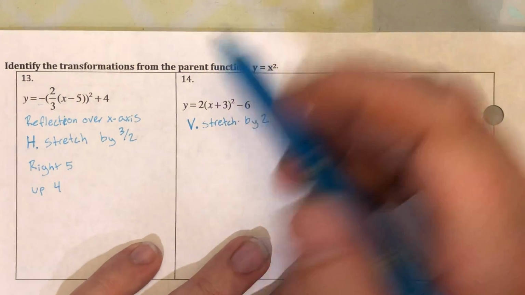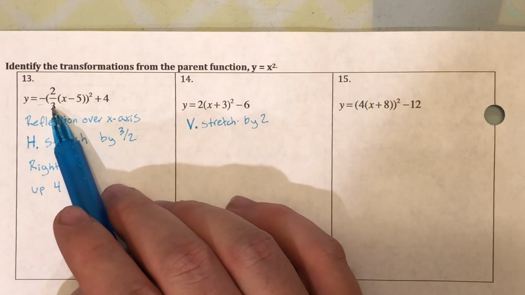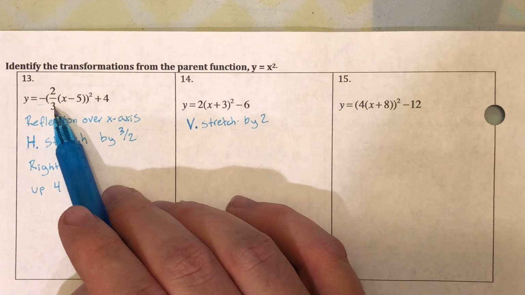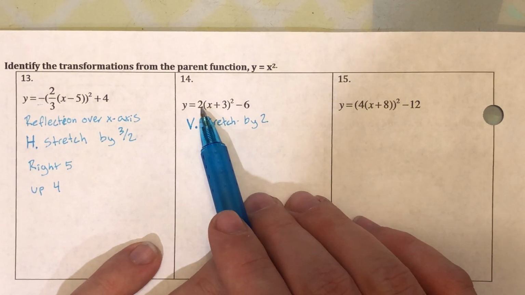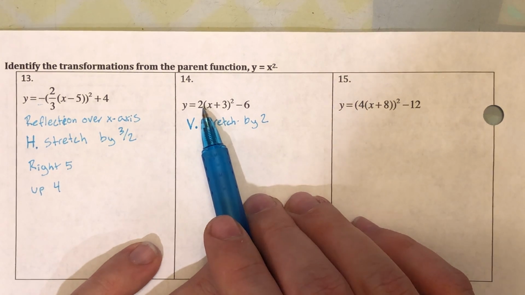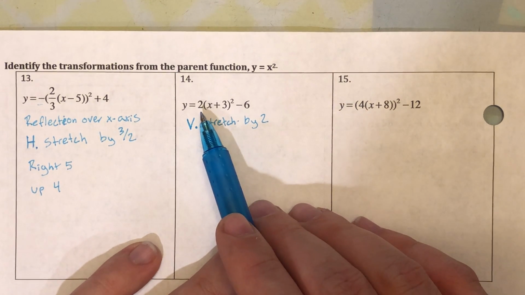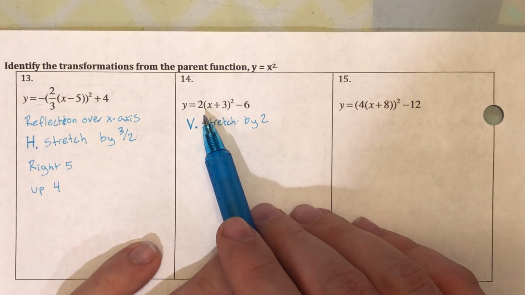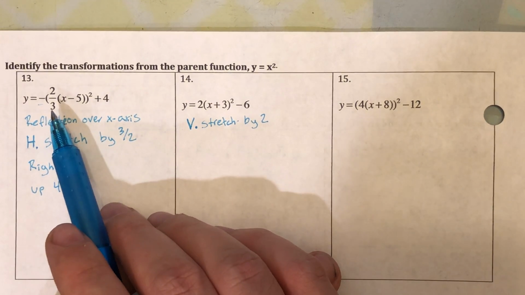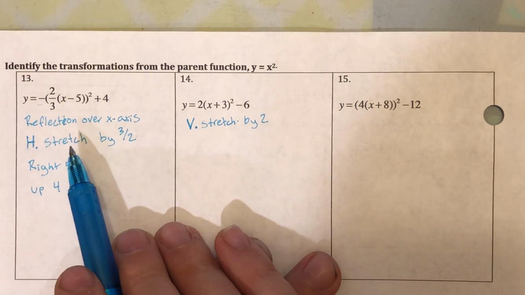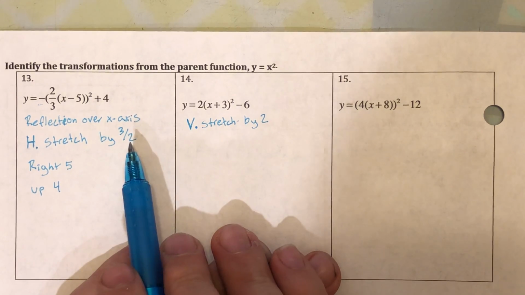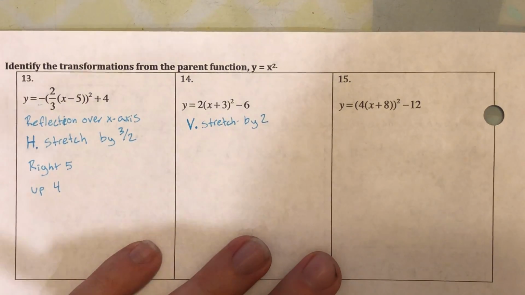It is only the horizontal stretches or shrinks that are opposite of what you believe. The vertical stretches stay true to what you think. Because it's greater than 1, it's a stretch by that number. The horizontal one, less than 1, becomes a horizontal stretch by the reciprocal of whatever value you have.